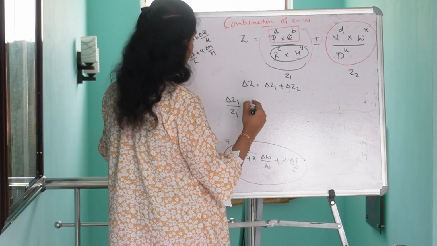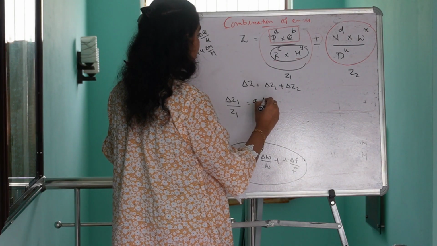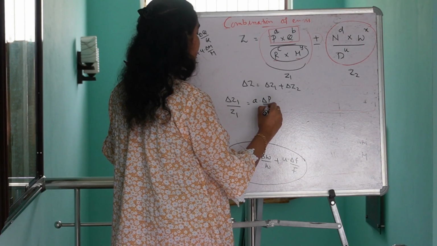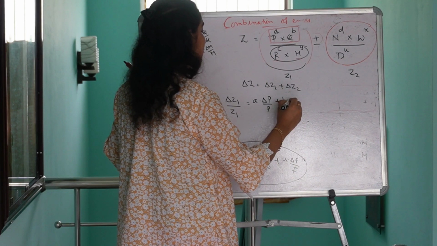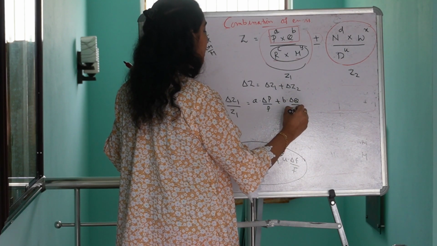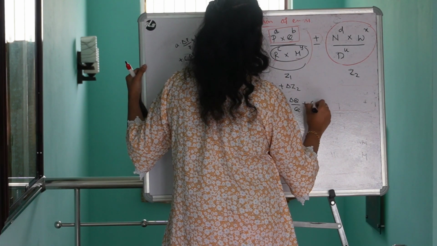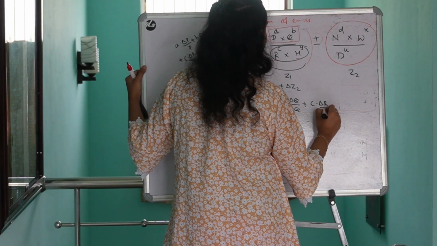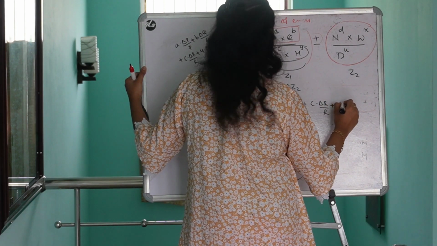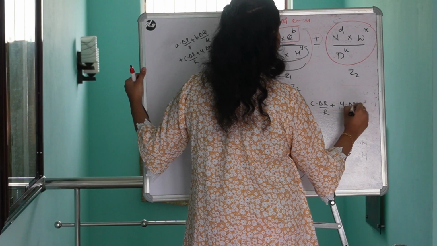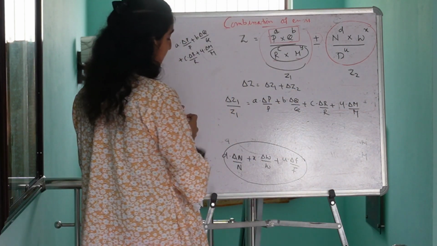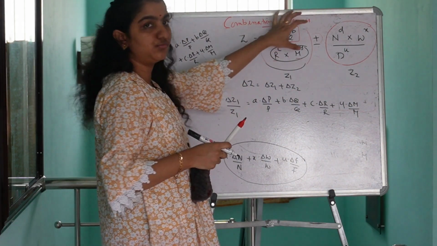So del Z1 by Z1 is equal to A into del P by P plus B into del Q by Q plus C into del R by R plus Y into del M by M. This is actually the relative error in the first term.